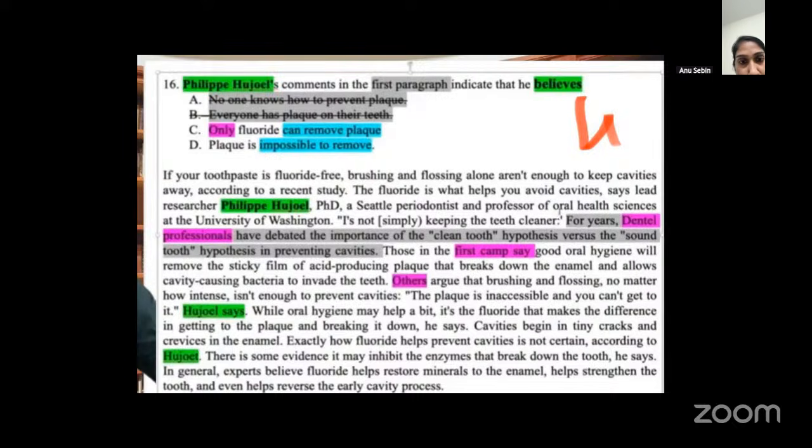Whatever Philippe Hujoel is saying, only that we need. This is all about dental professionals and first camps say, others say, we don't need all of this. So let's go to what Hujoel is saying. Hujoel says, while oral hygiene may help a bit, it's the fluoride that makes the difference in getting to the plaque and breaking it down, he says. Cavities begin in tiny cracks and crevices.